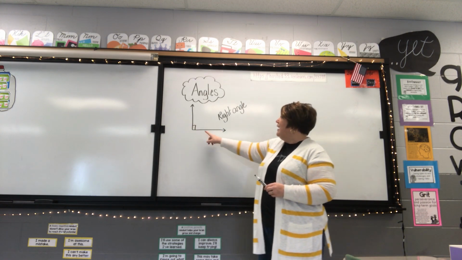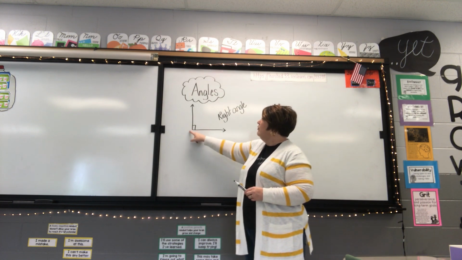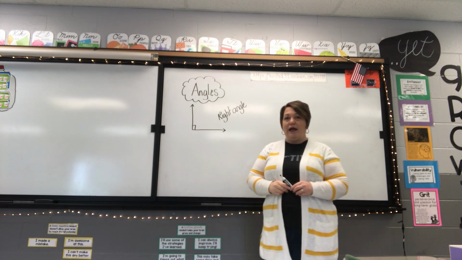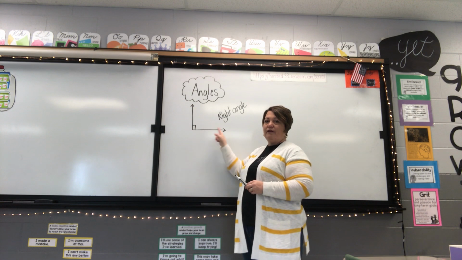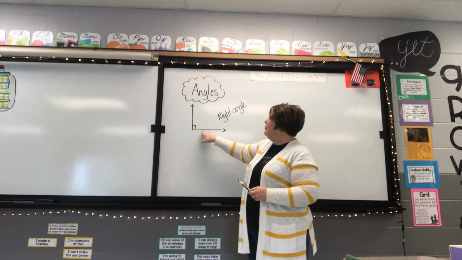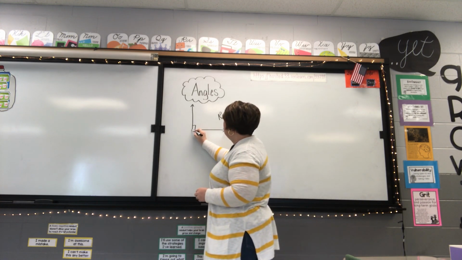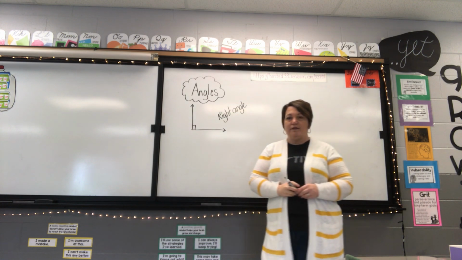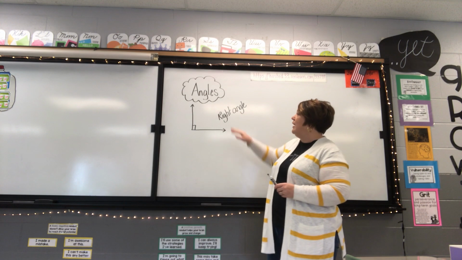And a ray, if you're not familiar with a ray, is part of a line that has an endpoint and extends continuously. So an angle is made up of two rays, and they meet at what's called the vertex. So the first angle that we are talking about today is the right angle.